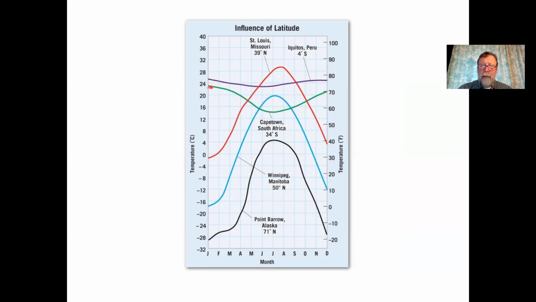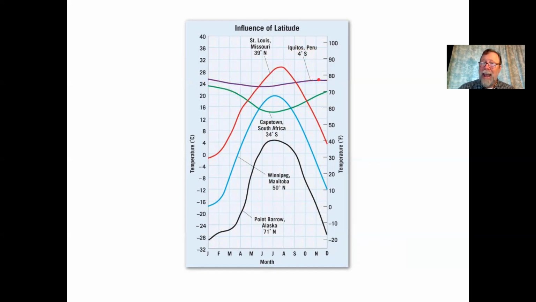Cape Town, South Africa. Notice that their coldest month is in June, July, which is totally different than ours. That's the Southern Hemisphere. Their warmest month is when? December, January. And then you have this spot in Peru, which hardly changes during the course of the year. So what would this purple line for Peru, what would I call that?